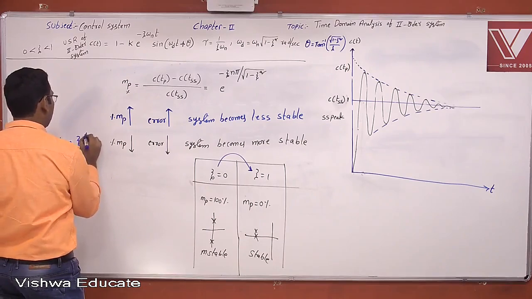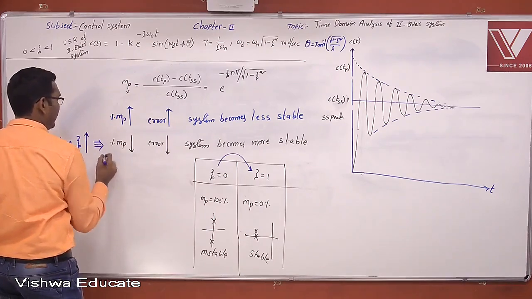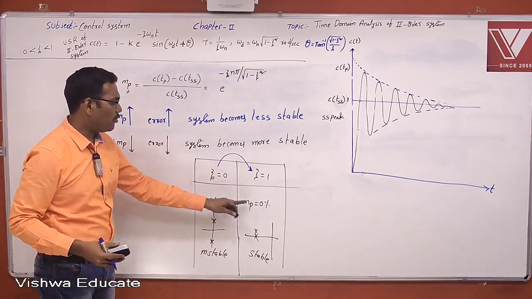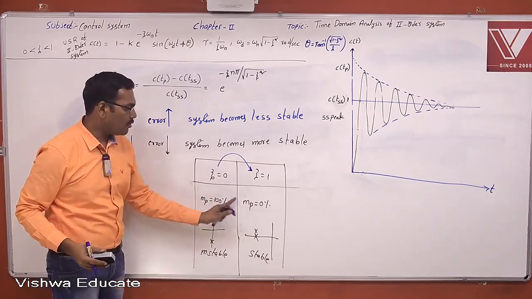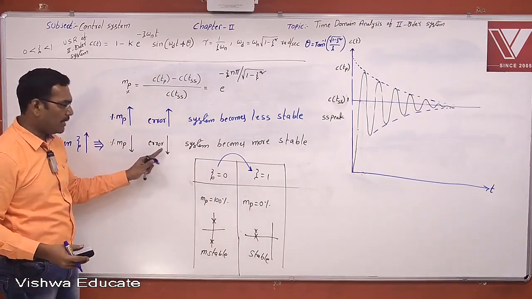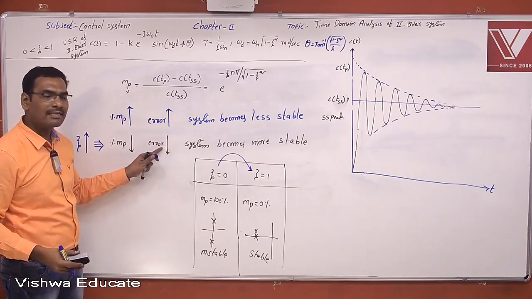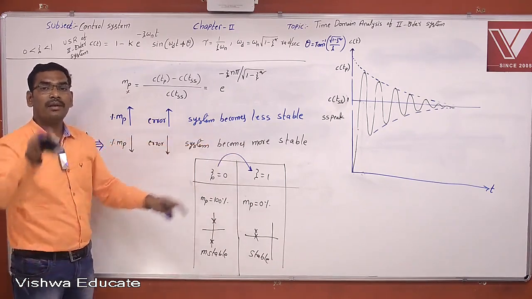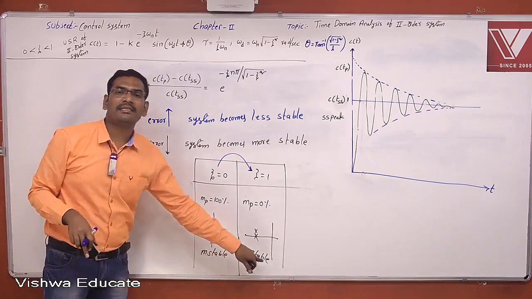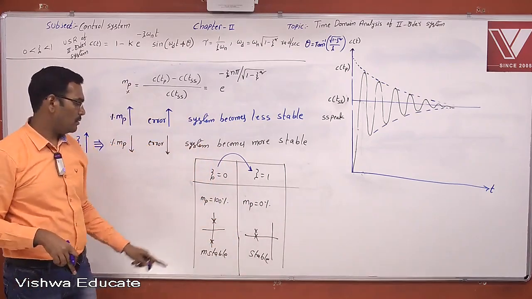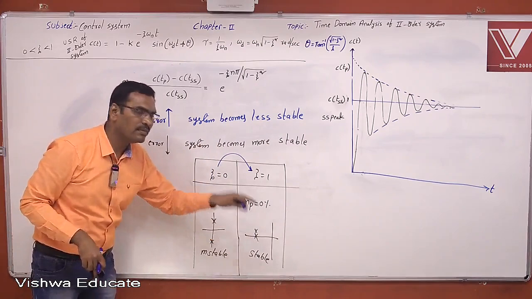When zeta increases, peak overshoot decreases. When peak overshoot decreases, error decreases. When error decreases, the system becomes more stable. That is the reason why the marginally stable system will become stable, and our unstable system will become stable.